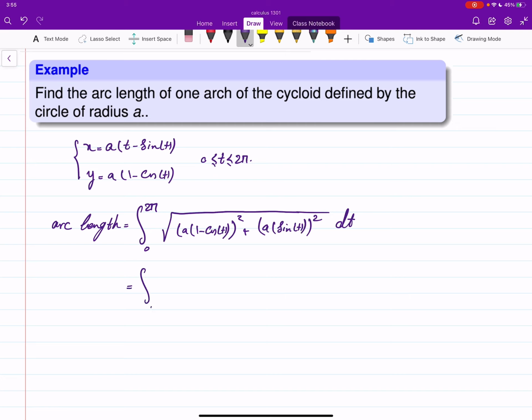Well, this would give me, I can multiply and expand everything. So I write a squared minus 2a squared cosine t plus a squared cosine squared t. That's the first part expanded, plus a squared sine squared t.